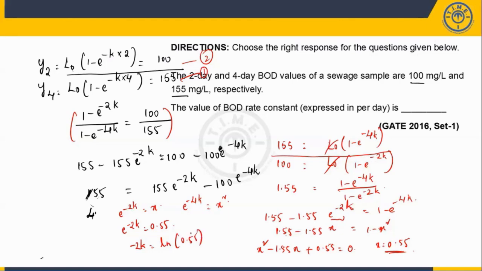What is ln 0.55? Tell me. Sir, minus 0.597.